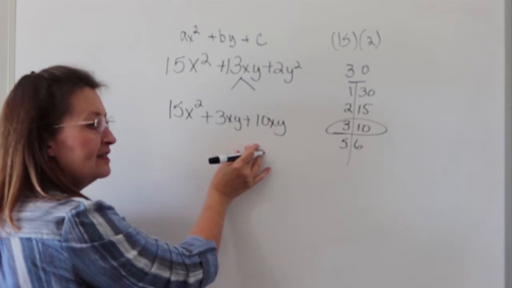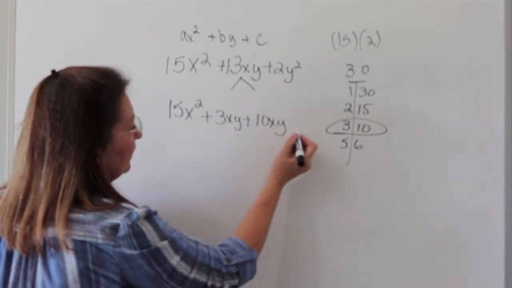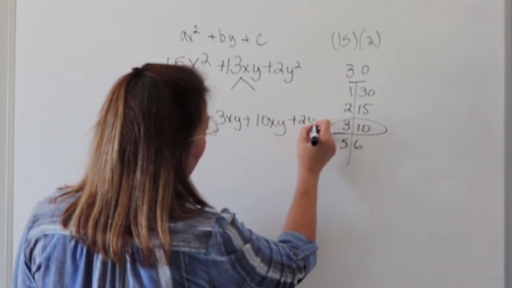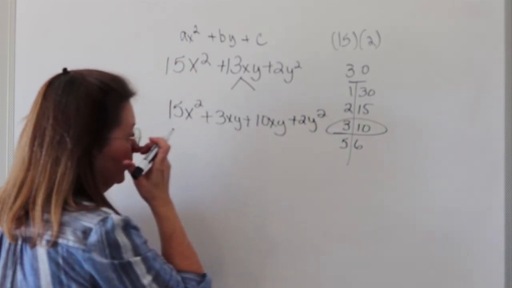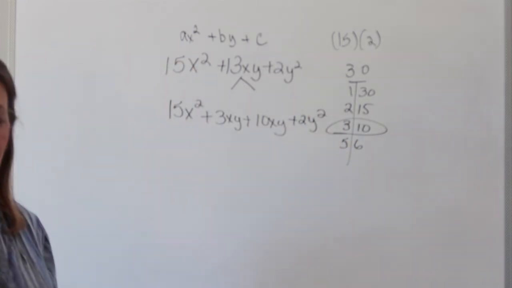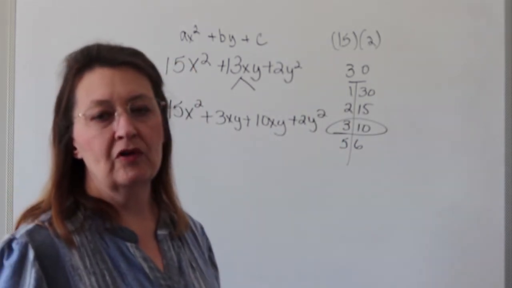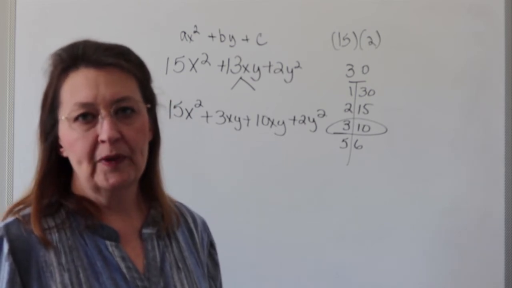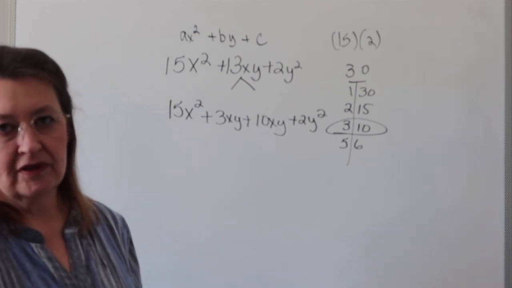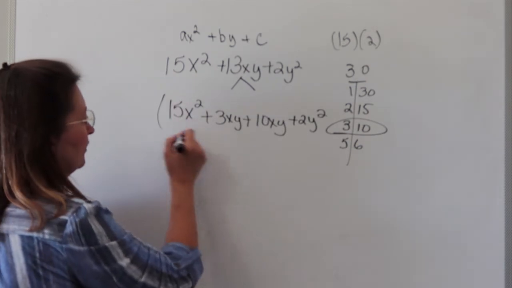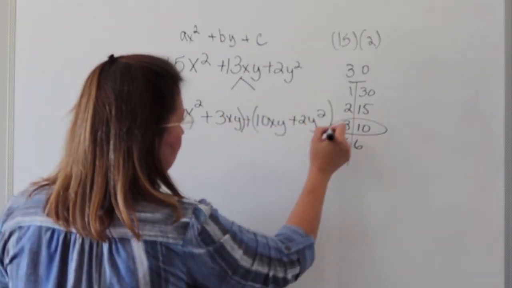The value is the same. It's just manipulated a little bit. And then I've got the 2y squared down there on the end. Now that you have a 4-term polynomial, you can use the factoring by grouping that we looked at previously. You can group these two together and these two together.